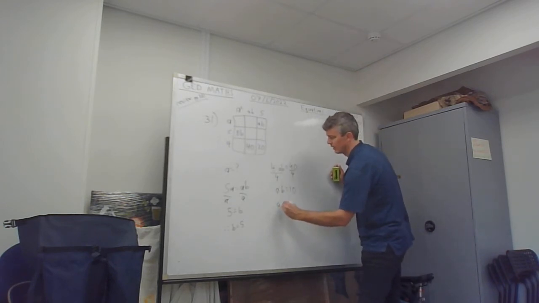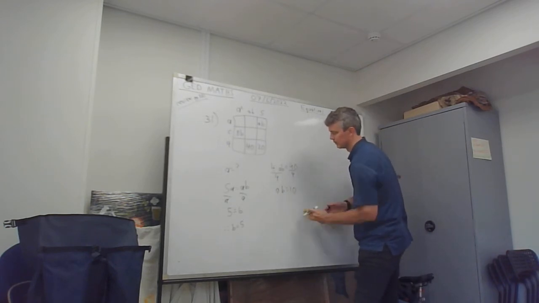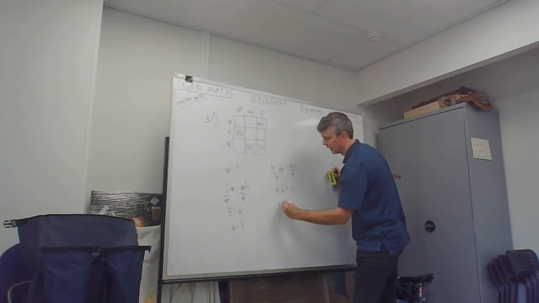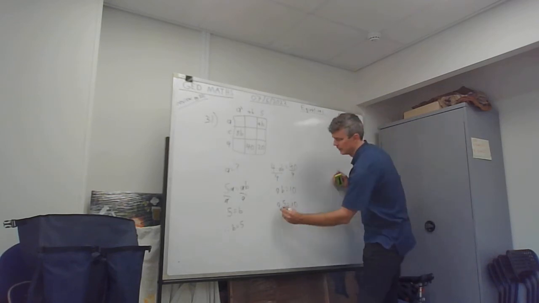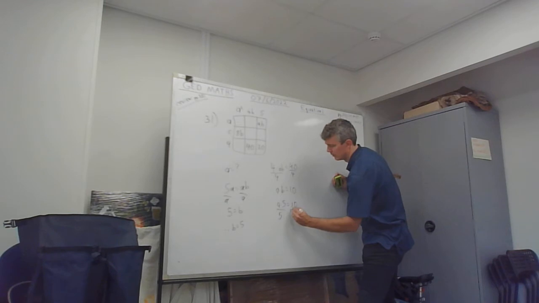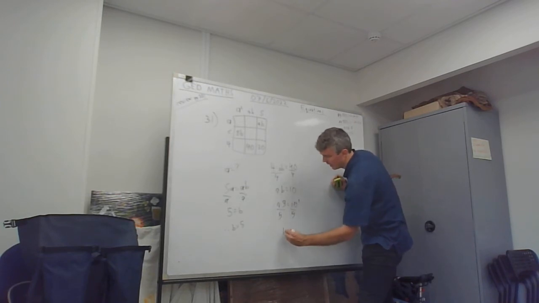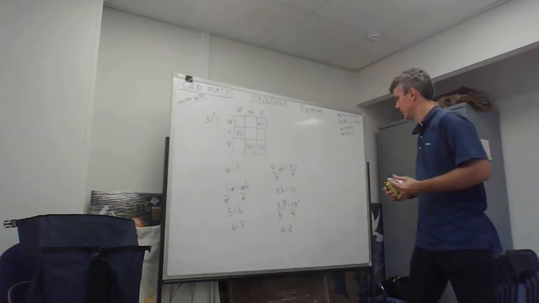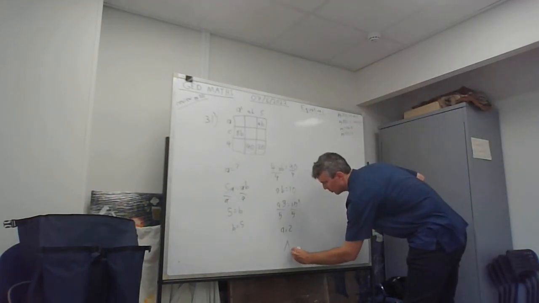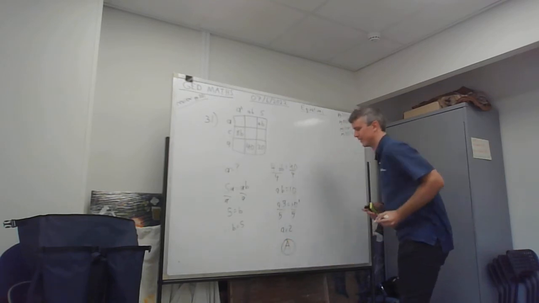So A, I'm going to put 5 in front because I'll do it A times 5 equals 10. Okay, now we divide both sides by 5, right? 10 over 5 equals 2. So these cancel, and we get a 2 here. So A equals 2. Is that one of our options? Yes. It equals A. All right.